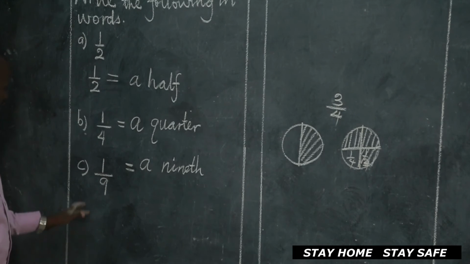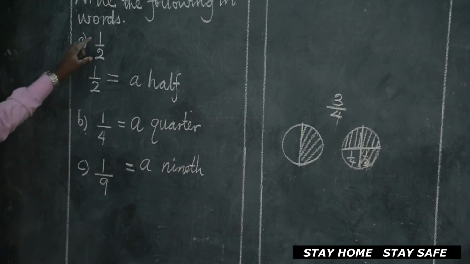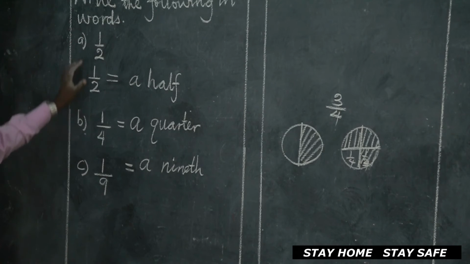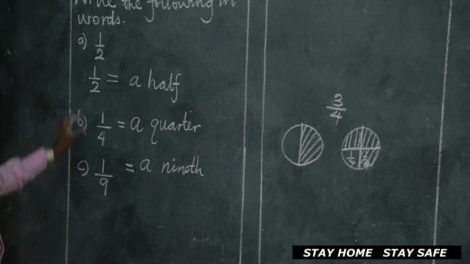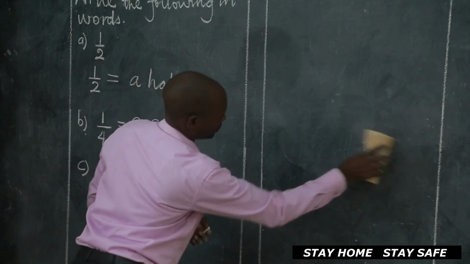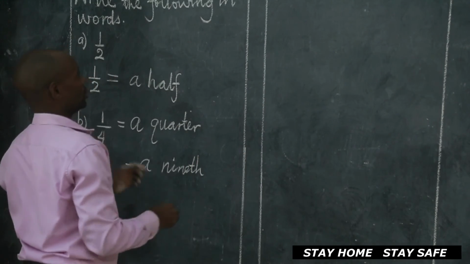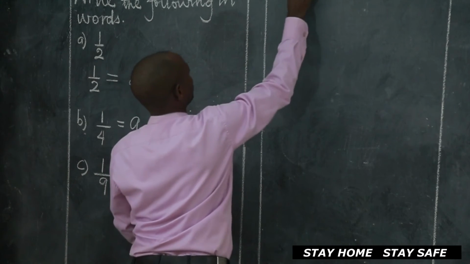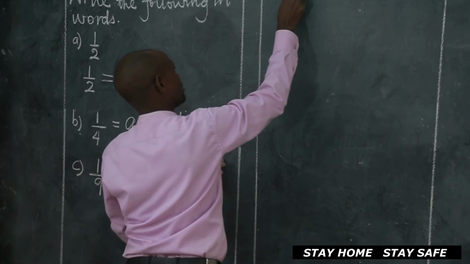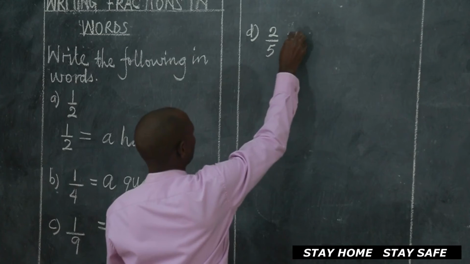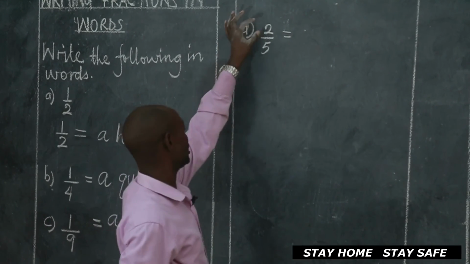When you look at these fractions, I have been giving you 1, 1, 1, 1 on the numerators. So what if I change and make the numerator more than 1? What do we do? Let's look at these examples. So you can have D, whereby I have given you 2 out of 5. You begin by reading the numerator.